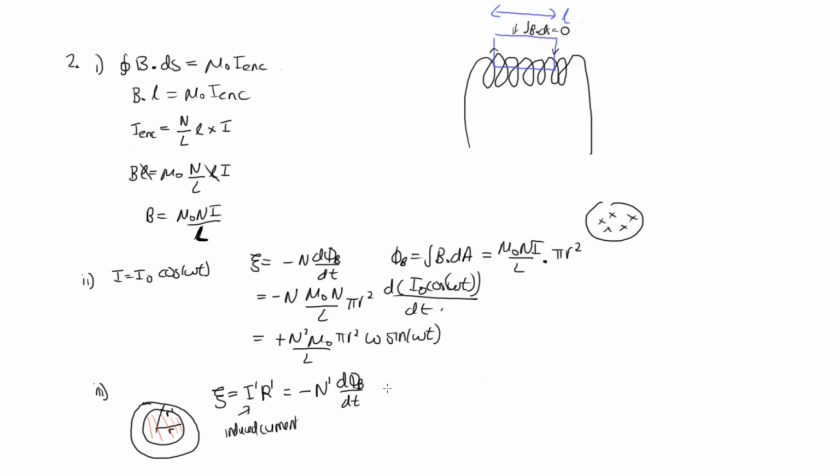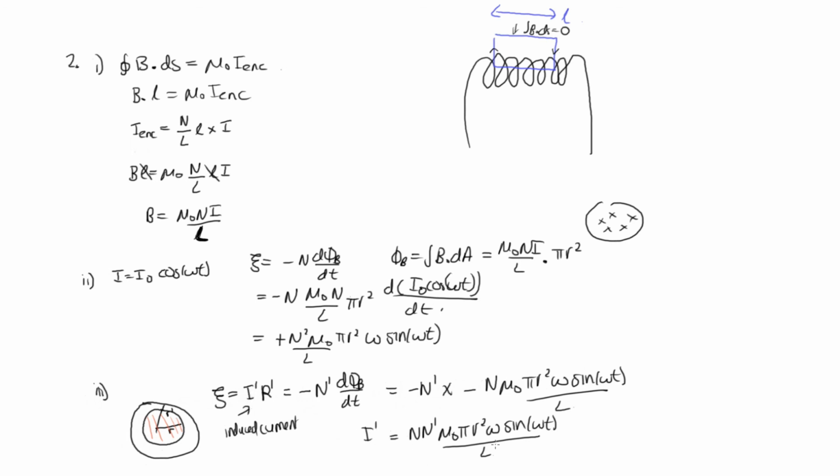So this is minus n dash times minus n mu naught pi r squared omega sine omega t on L. So this is equal to n dash mu naught pi r squared omega sine omega t on L, and then we've been asked to calculate the induced EMF. So our induced EMF, we need to divide by R dash, the resistance in the outer solenoid.